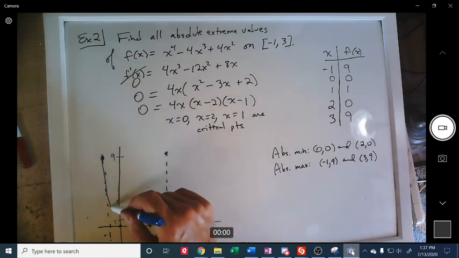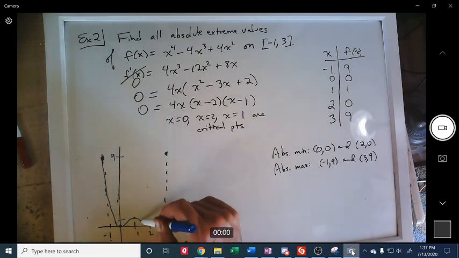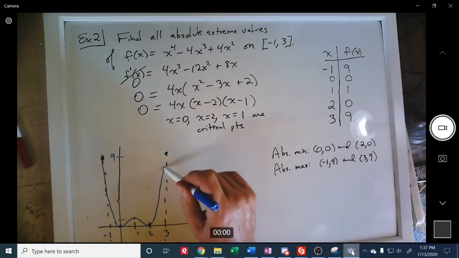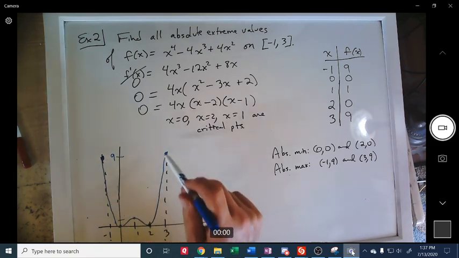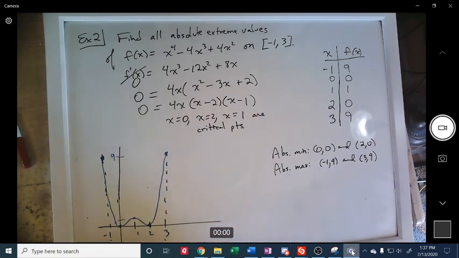Looks like this curve is doing this. So, those are the two lowest points, those are the two highest points, and we got it. Any questions for this?